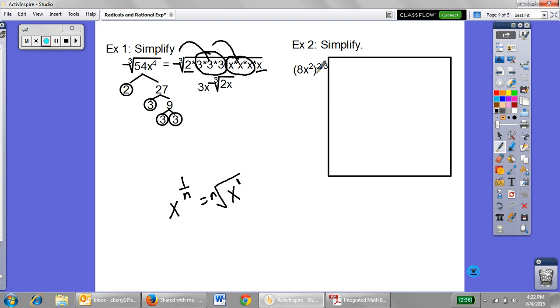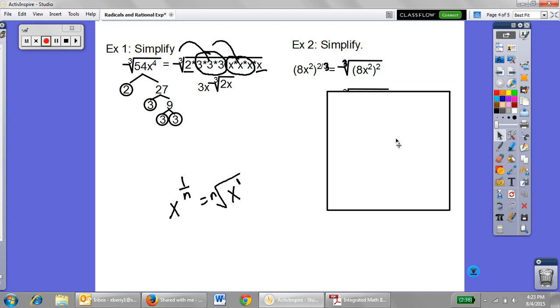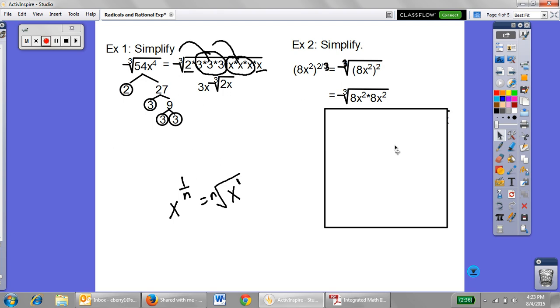Notice how it changes when we have 2/3. Here we can see the 3 being the cube root, and this 2 goes inside because there's a 2 here as the numerator. Let's go ahead and simplify. So 8x squared, squared, that means there are 2 of 8x squared. So I'll write that twice.